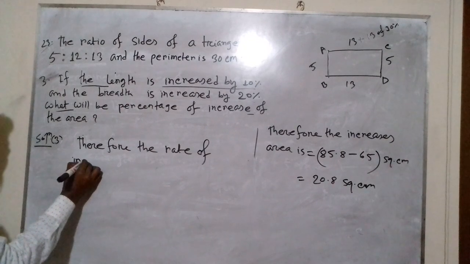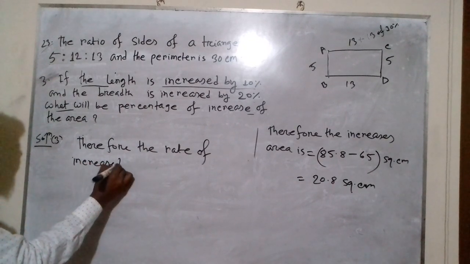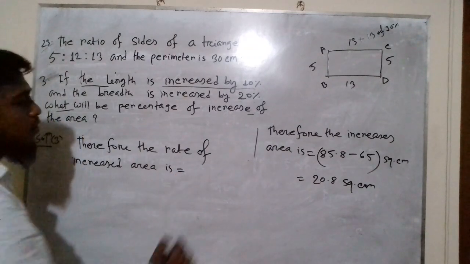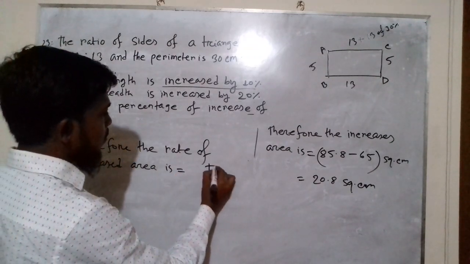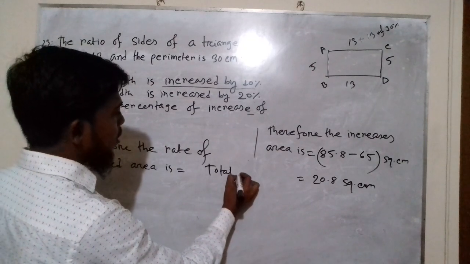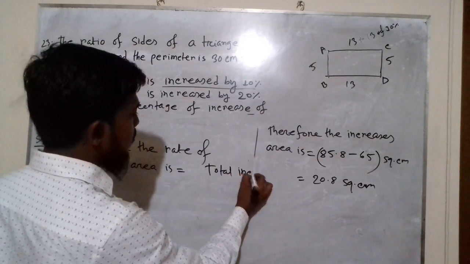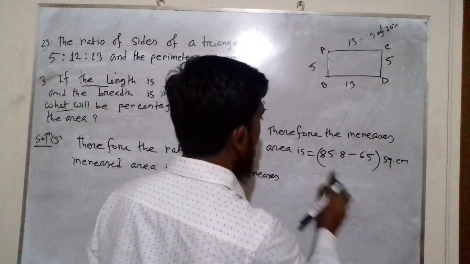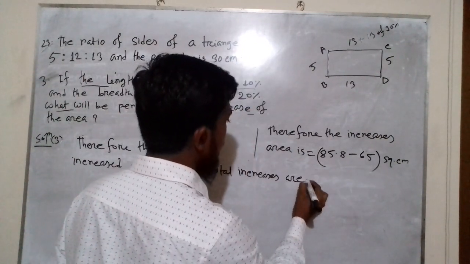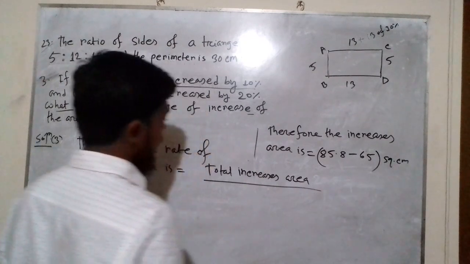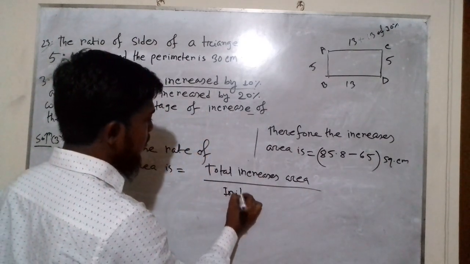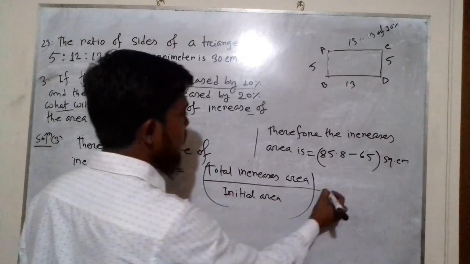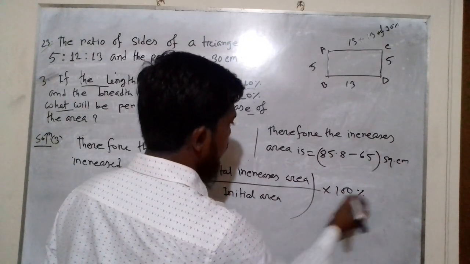So therefore the rate of increased area is total increased area divided by initial area into 100%.